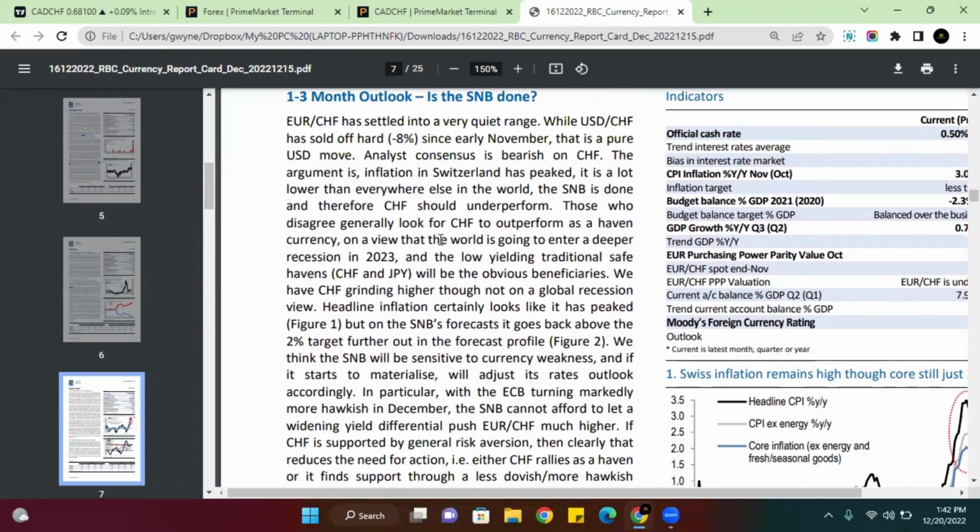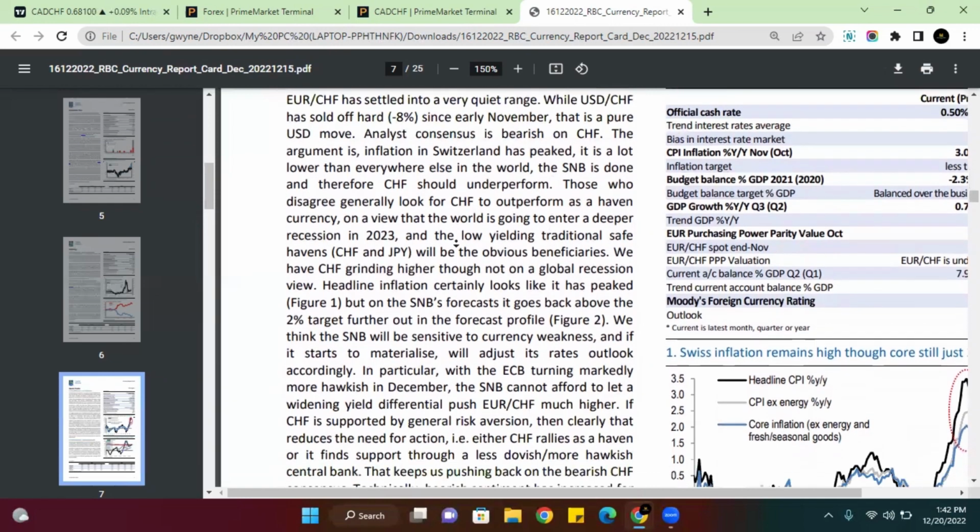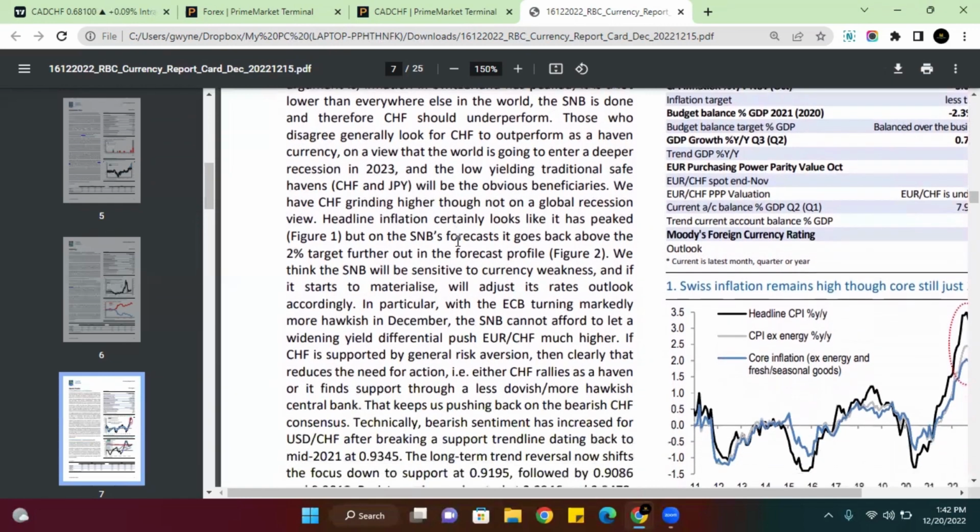Those who disagree generally look for the Swiss franc to outperform as a haven currency, on a view that the world is going into a deeper recession in 2023, which based on what I've been hearing, they are. The low-yielding traditional safe havens, Swiss franc and JPY, will be obvious beneficiaries. While the rest of the world is going into a recession, Japan and Switzerland have a history of very stable, resilient economies even through hard times.